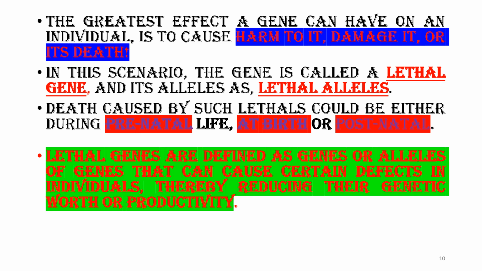So lethal genes are defined as genes or alleles of genes that can cause certain defects in individuals, thereby reducing their genetic worth or productivity and also their ability to survive to reproductive age.